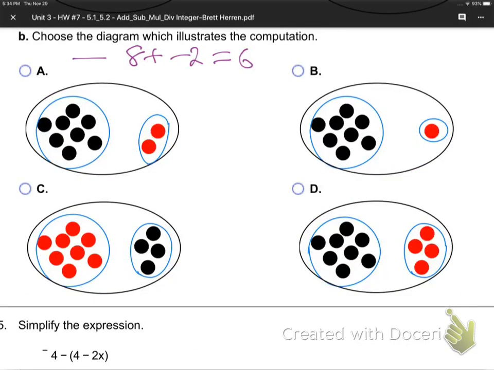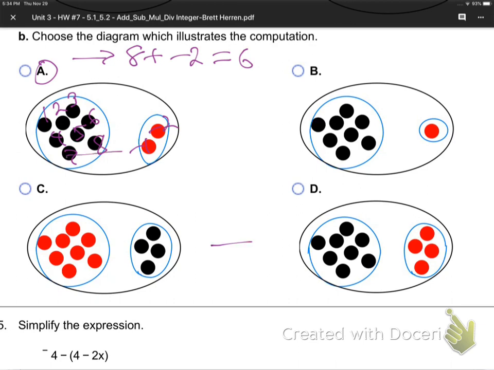Let's try B. Here's what we're supposed to show. I grabbed it from up above. 8 plus -2 is 6. Okay, do you see it right here? It's this one, right? It's A, because there's 8. 1, 2, 3, 4, 5, 6, 7, 8. And then negative 1, negative 2. 8 add negative 2.